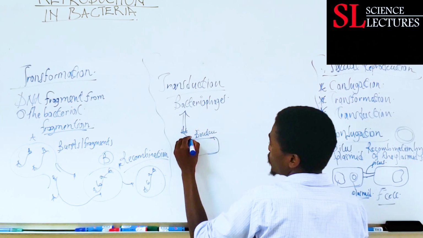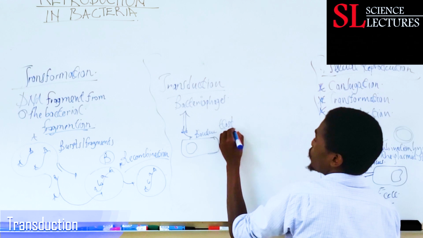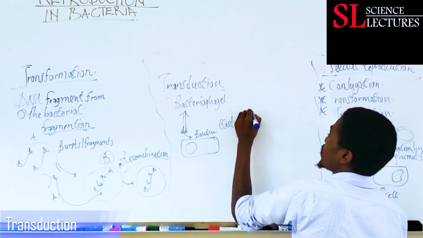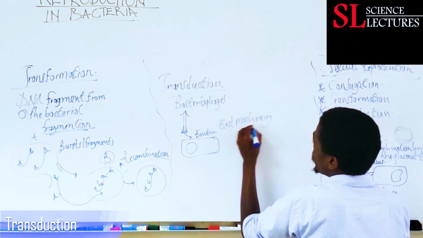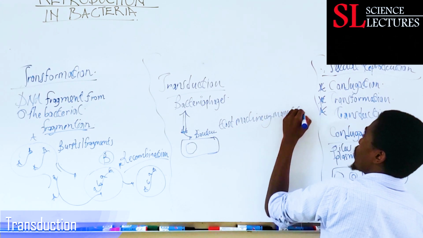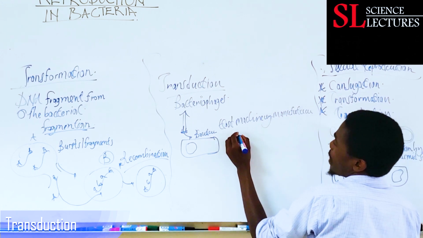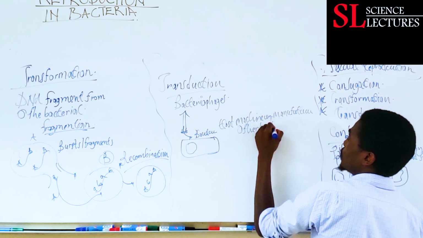When this bacteriophage comes, it will use the host cell machinery to manufacture other bacteriophages.